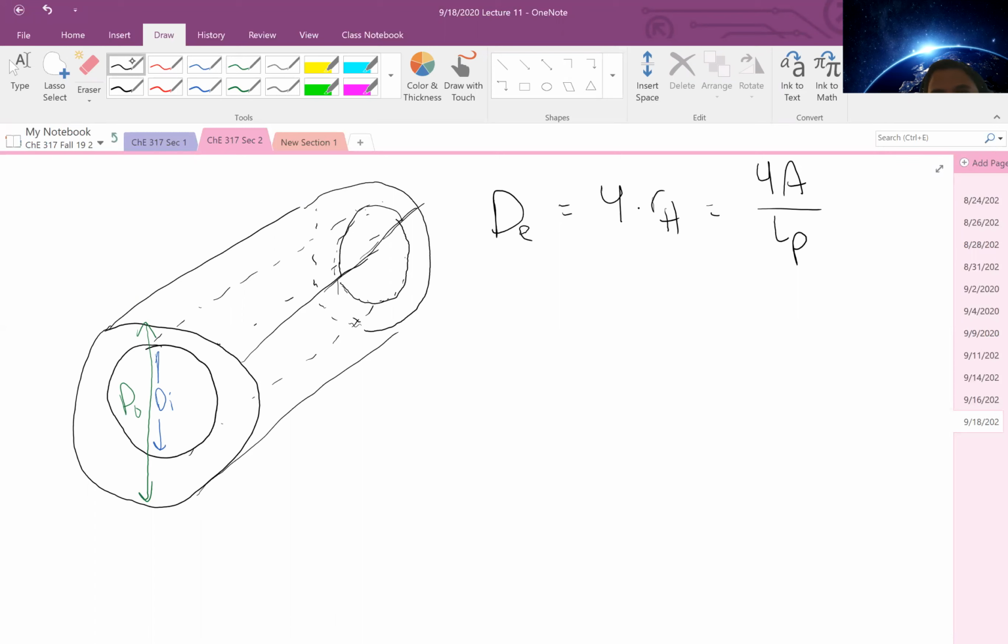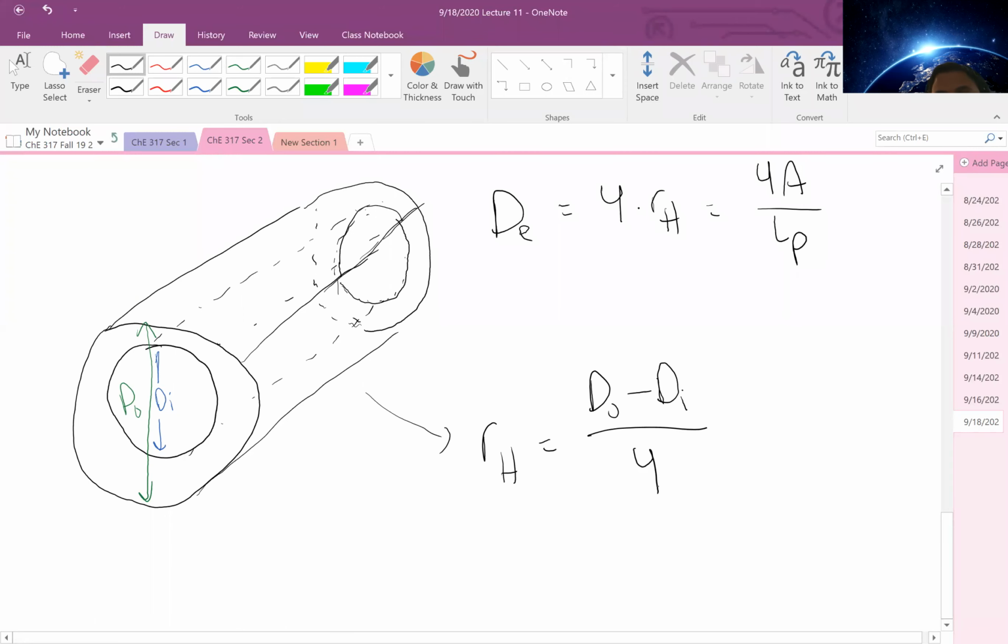So similarly, I can solve for a hydraulic radius here as the difference between the inner diameter and the outer diameter divided by 4.